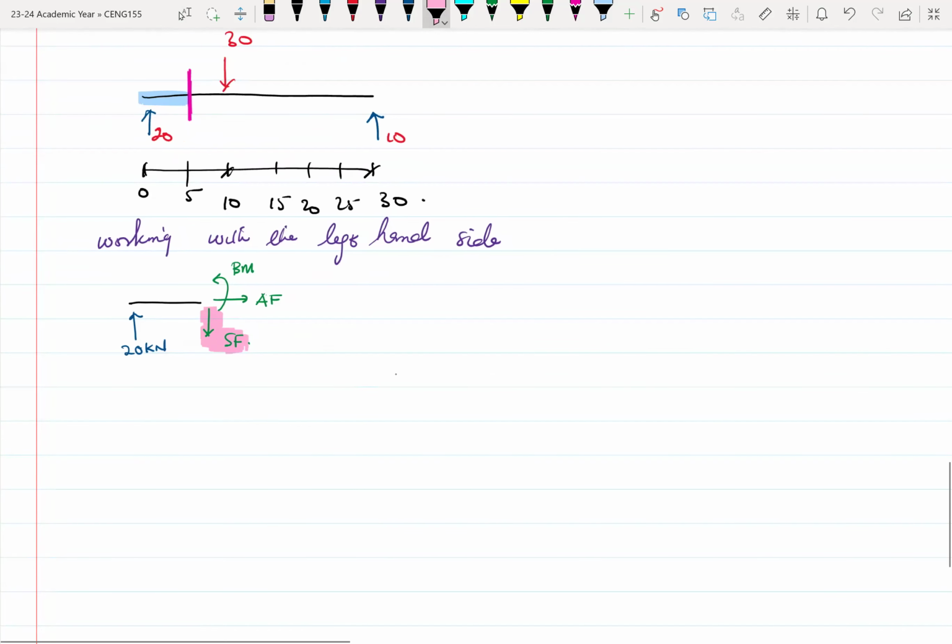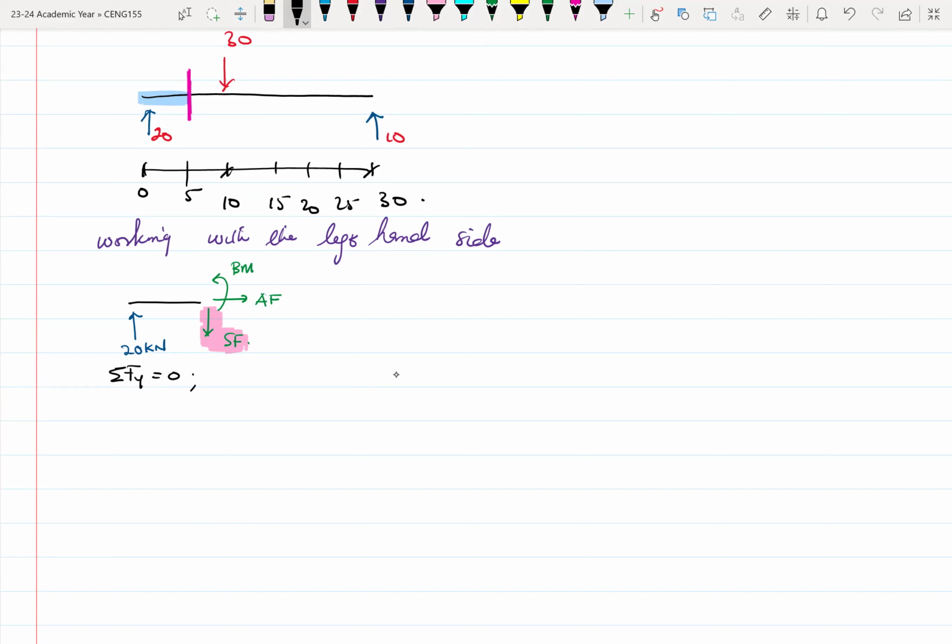All right. So how do I find the shear force? Sum the forces. All right. So one of the easiest ways is to sum all vertical forces. So go like summation of all vertical forces equals 0. Right.